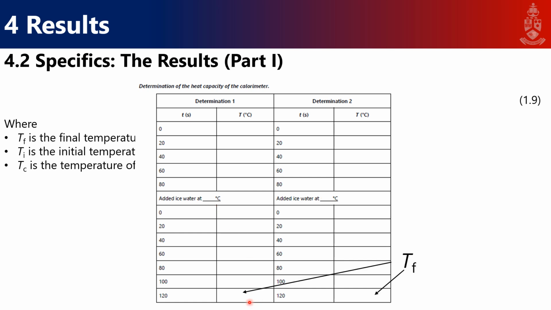And then your final temperature is the one after you've allowed the system to equilibrate. I hope this gives you a very good idea of exactly where to find these values and where to plug them in to equation 1.9. That then gives us our heat capacity. But to use equation 1.6, which was Cp times delta T, we still need delta T.